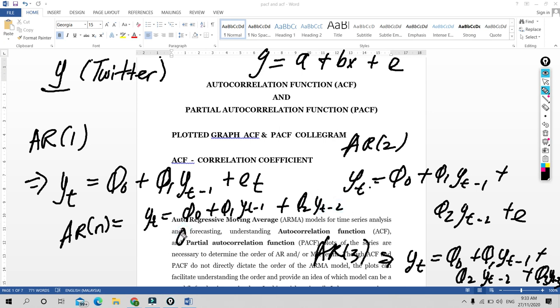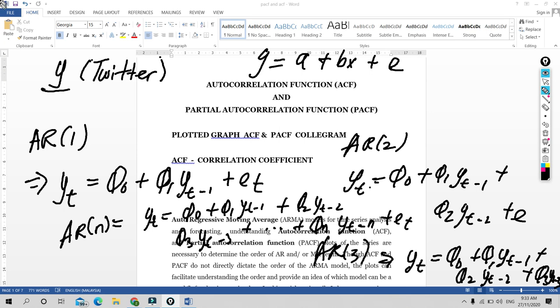Then the third day, phi_3 Y_{t-3}, until the end day, phi_n Y_{t-n} plus epsilon_t. These are how you write AR(n) model, AR1, AR2. Kita tak sampai AR(n), we just put AR1, AR2, AR3. The most is AR3.